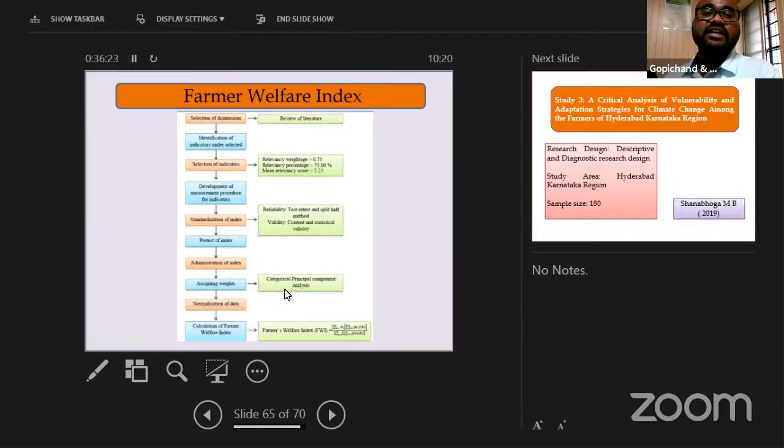Standardization of the index was done by reliability and validity, test and content validity, pre-testing of the index and administration of the index, and assignment of weights. Principal component analysis was used by her for assignment of weights. Then normalization is done, and finally the farmers' welfare index is developed by aggregating those normalized values.